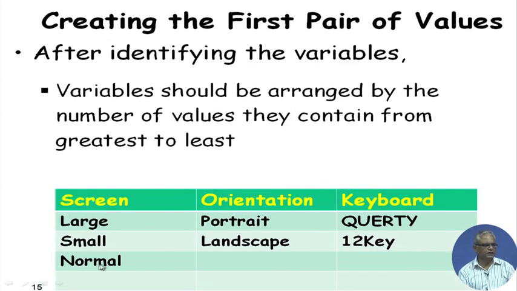So, the first thing we did was arrange the input parameters, the one that takes the maximum number of possible values first, then the one with the next number of values, and then the one with less or equal to this number.